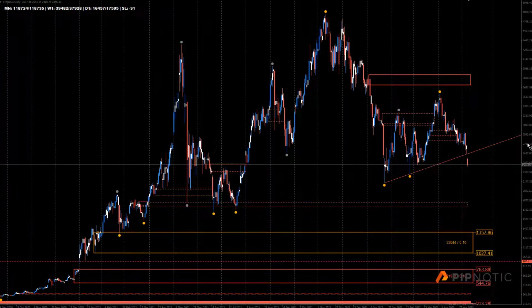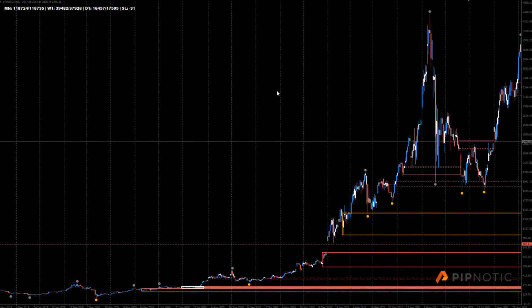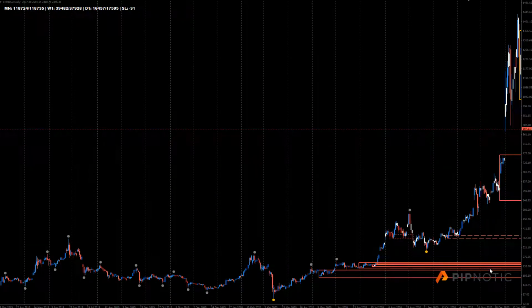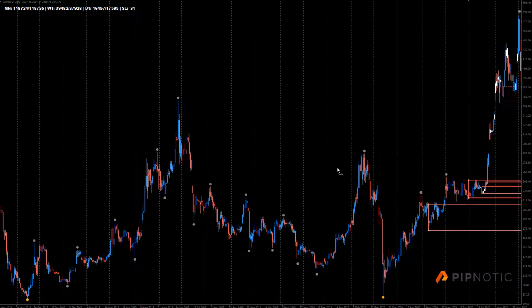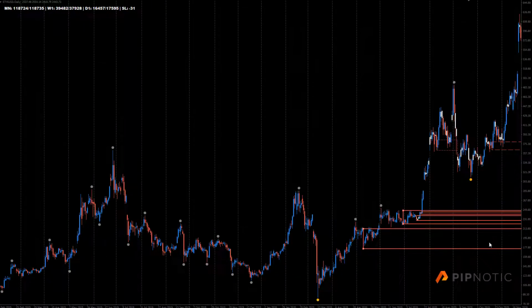What are these telling us? Alright, so the bottom one is at the 213 price point, and the top one here is at around 250. So these are really far, and these are beautiful, beautiful areas of demand.